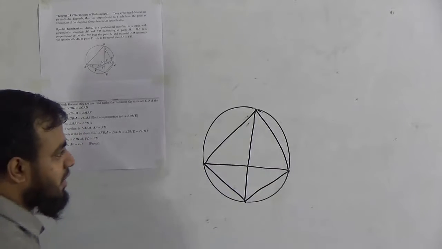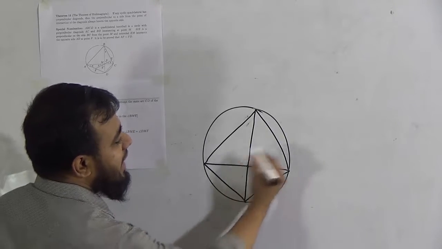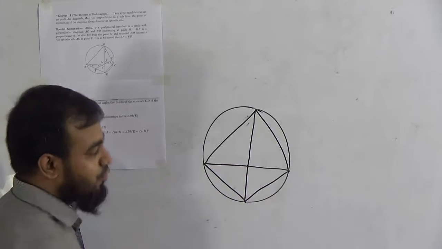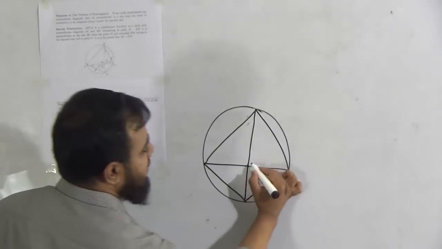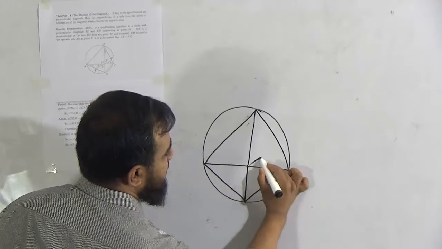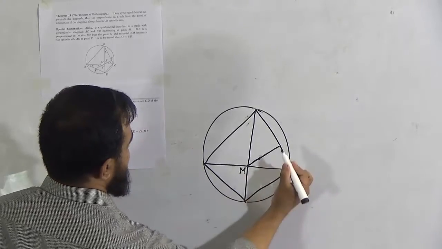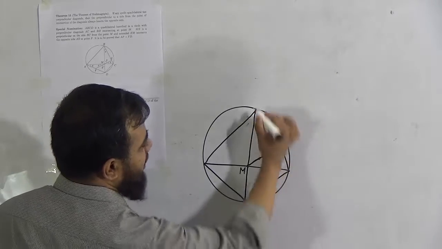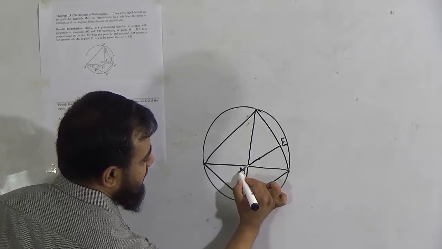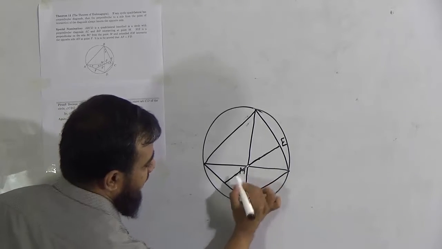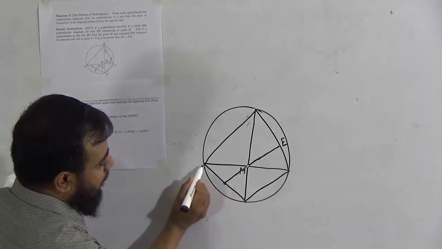From the intersecting point, if we draw a perpendicular line to any side, suppose this side, suppose this is the perpendicular line, this is M, suppose this is E, ME is perpendicular to this line, then if we extend this line to the opposite side, this line will intersect at a point which will be the midpoint of this side.